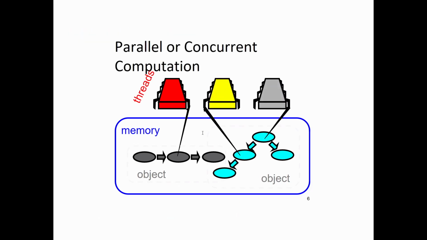Okay. But in a case of parallel or concurrent computation, there is an important difference, and I will try to define what parallel and concurrent computation mean slightly later. But what's the problem? At a given moment of time, each thread is in a different place of the code.